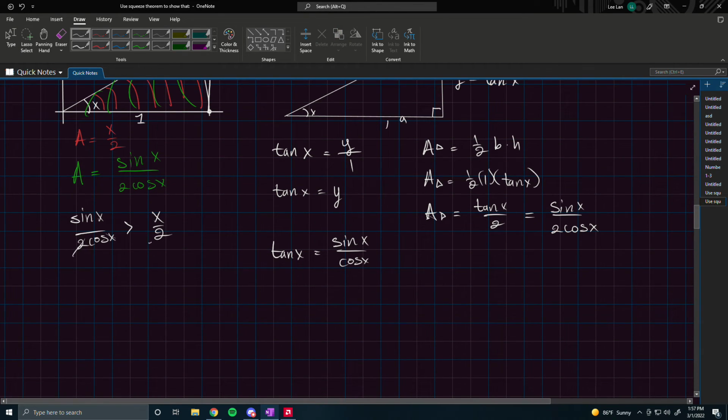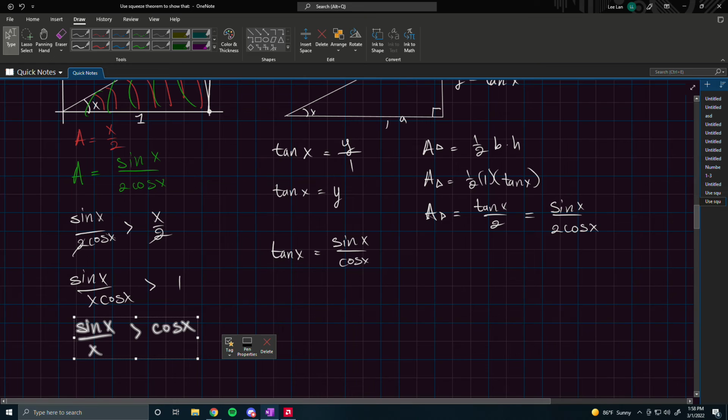I'm going to get rid of these 2's, divide by x and multiply by cosine x. So cosine x is greater than sine x over x.